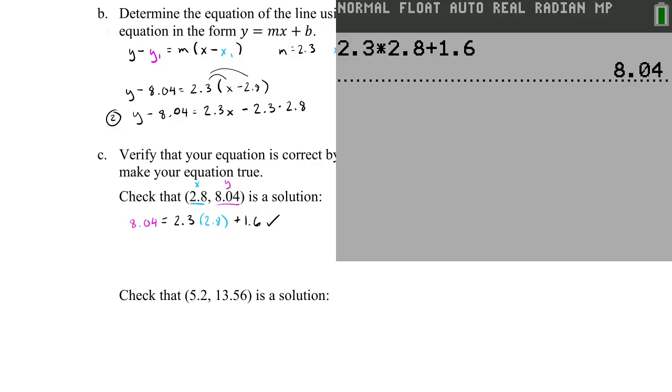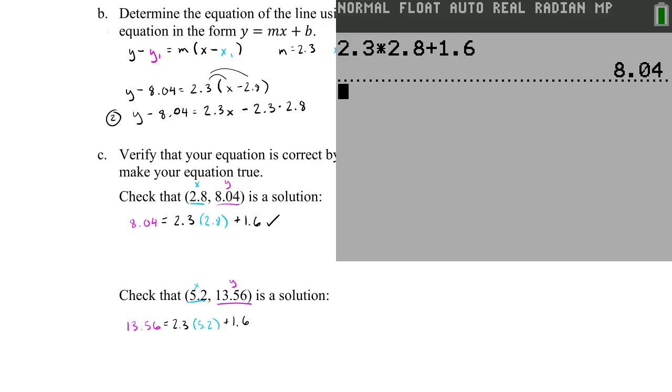Similarly, next we're given x is 5.2, y is 13.56, and so we hope to see that 13.56 is equal to 2.3 times 5.2 plus 1.6.